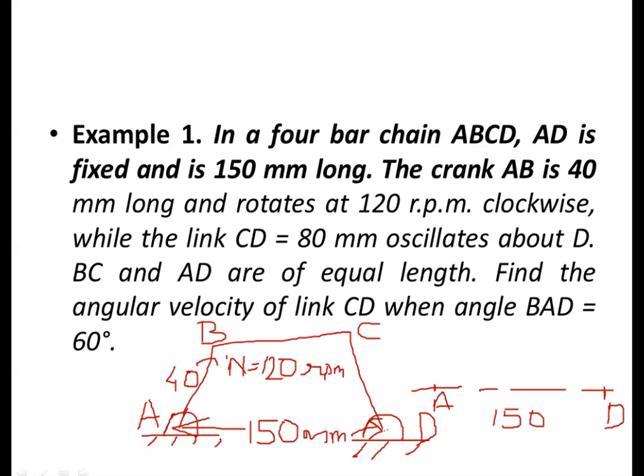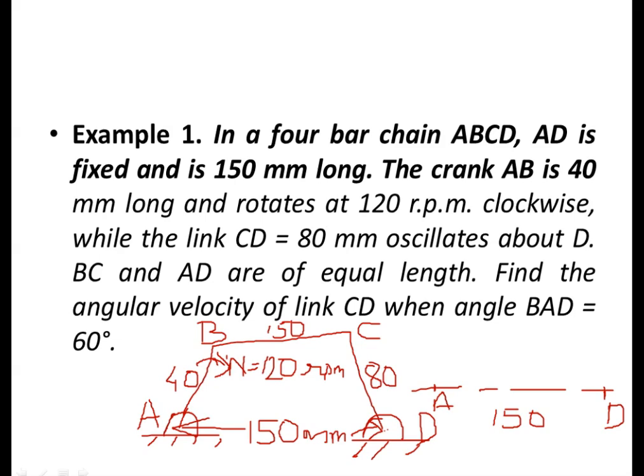Okay, so it is rotating in the clockwise direction, and the link CD is 80 mm and oscillates about point D. Okay, then BC and AD are of equal length. Okay, so AD you have already taken as 150, so this BC is nothing but 150.